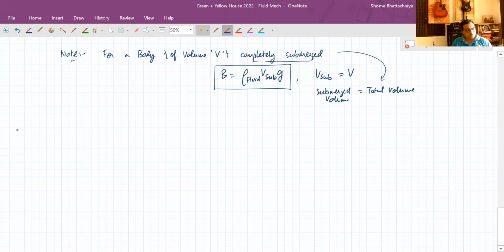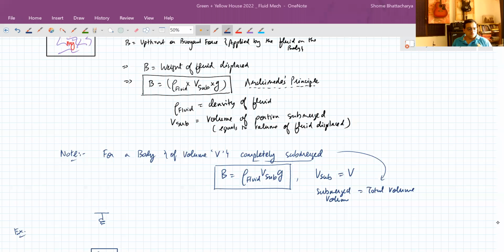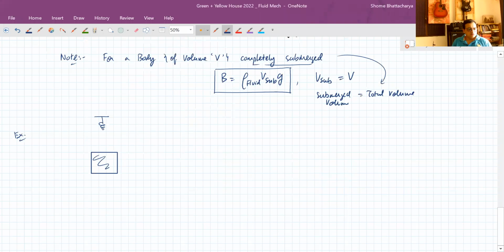Now suppose we have a situation where a body is kept suspended by a spring with part of its volume underwater.